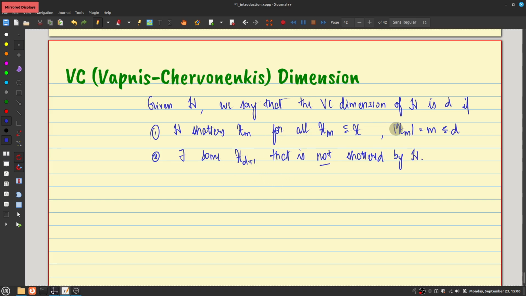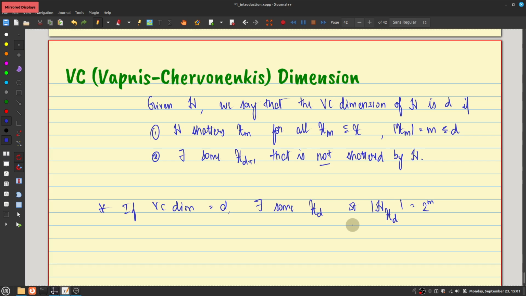It means that there's some X_D which is shattered by H. So when restricted to this particular X_D, H is the set of all functions.